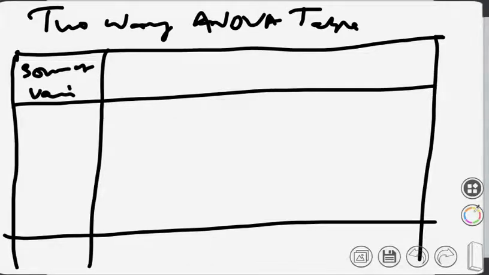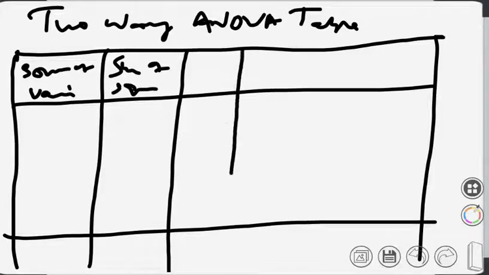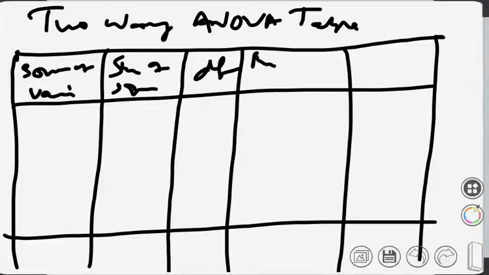Then sum of squares. Very good. Then degrees of freedom. Then mean square, mean sum of squares, and then test statistic. Similar columns.